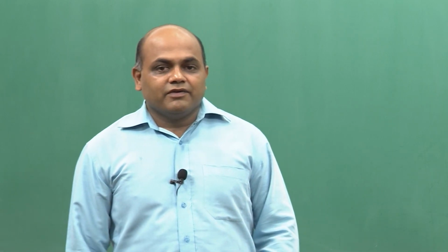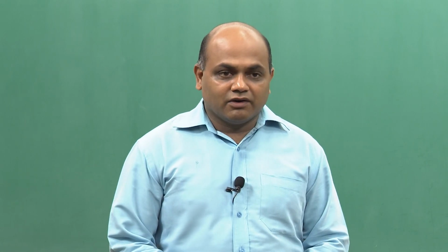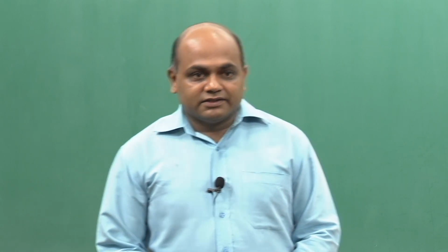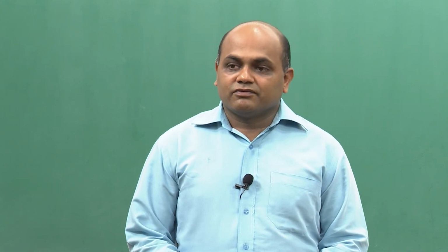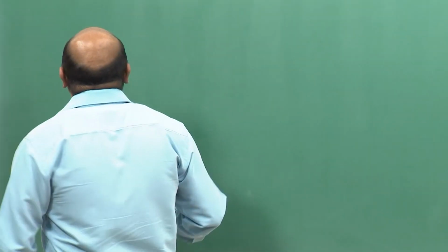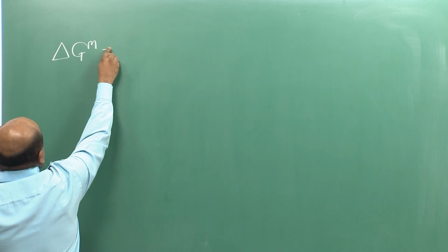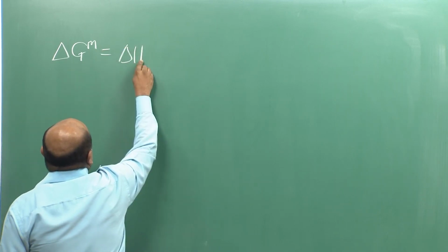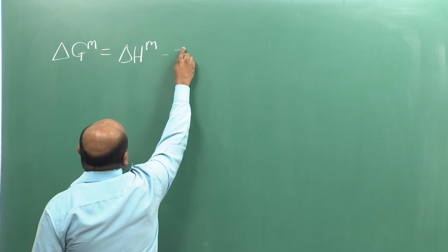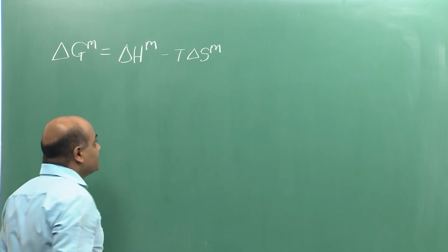So, last class we went over regular solution model and ideal solution models for determining the Gibbs free energy of mixing, that is the change in Gibbs free energy when we form a solution of two components. So, in general, molar Gibbs free energy of mixing delta Gm can be expressed as delta Hm, that is the enthalpy of mixing, minus temperature times delta Sm.